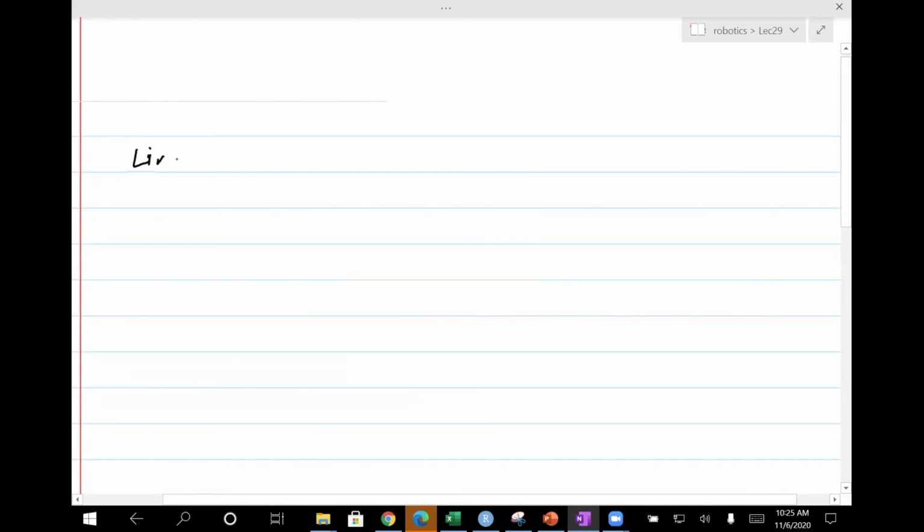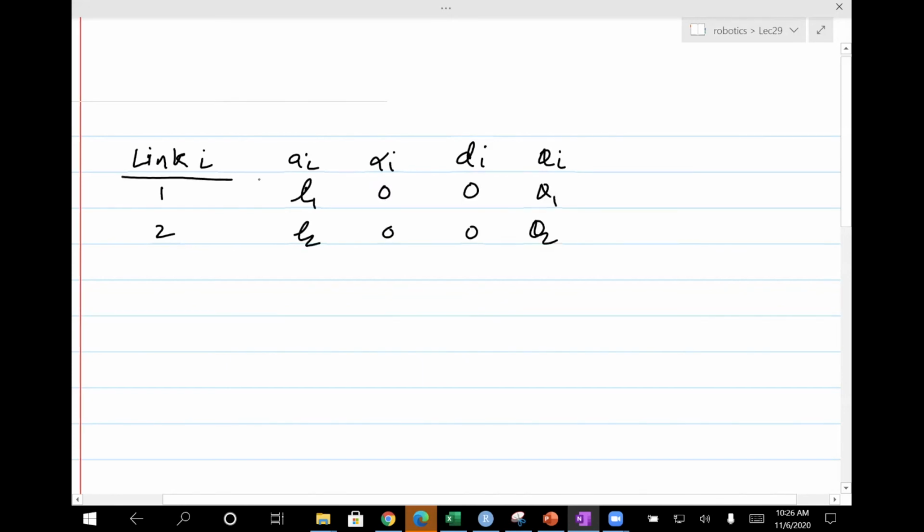Link i, A_i, alpha_i, D_i, theta_i: L1, L2, 0, 0, 0, 0, and theta 1, theta 2.